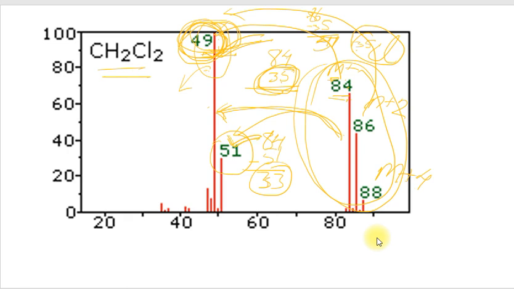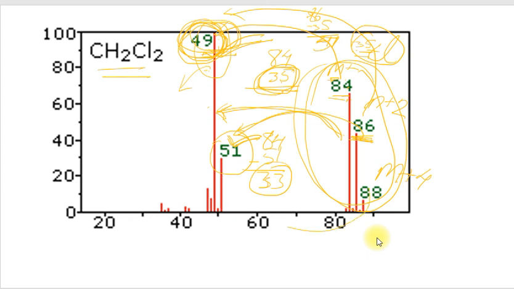So the peak at 51 means this molecular ion peak 86 has knocked out a chlorine 35. That means another chlorine will be there, but not chlorine 35.